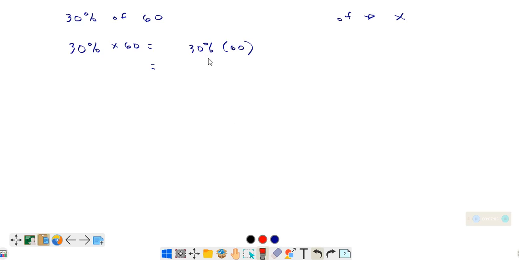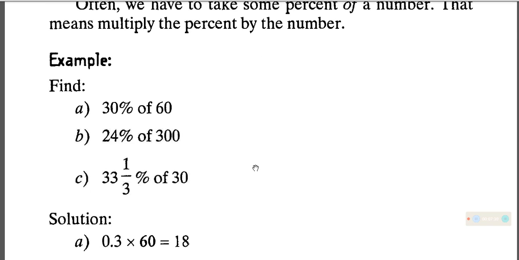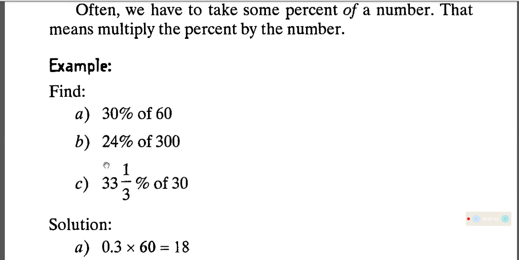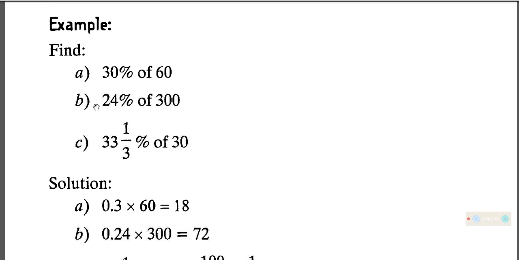Hindi tayo pwedeng multiply agad-agad ng naka-percent, except if you are using a type of calculator that has the percent function. Pwedeng dire-diretso yun sa ganong case. So we have here, move the decimal place 2 units to the left. We have here 0.30 multiplied by 60. Now get your calculator. We have 0.30 times 60. You have 18. So the answer here is 18. Let's check.